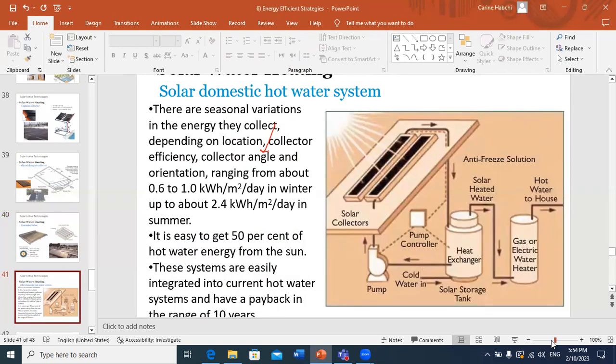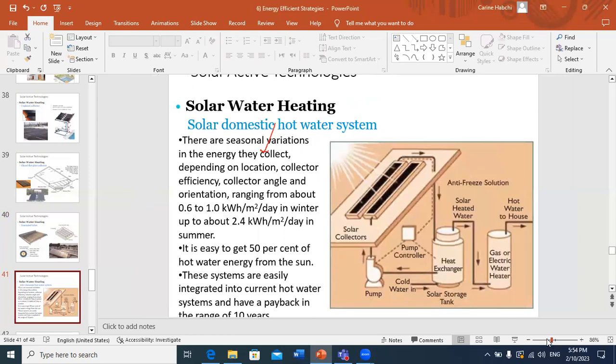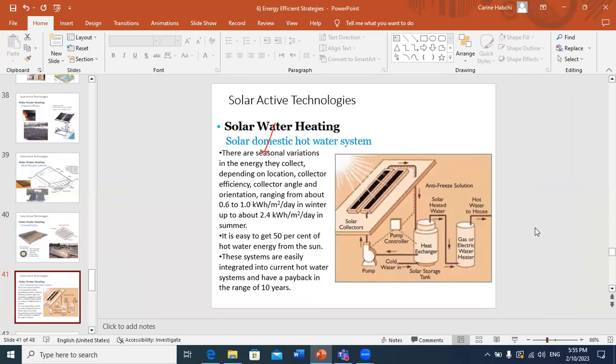So, for example, if we want to do some calculation, let's say, for the selection of appropriate solar active technologies in order to ensure domestic hot water needs, we need to consider several aspects. First, of course, we have seasonal variations in the energy collected depending on location, collector efficiency, collector angle, and orientation, ranging from about 0.6 to 1 kilowatt hour per meter square per day.